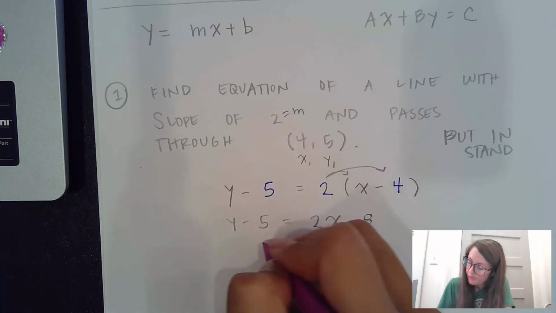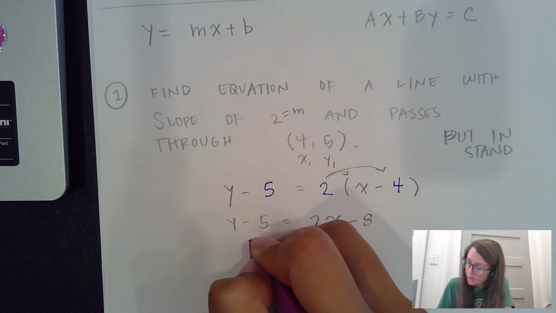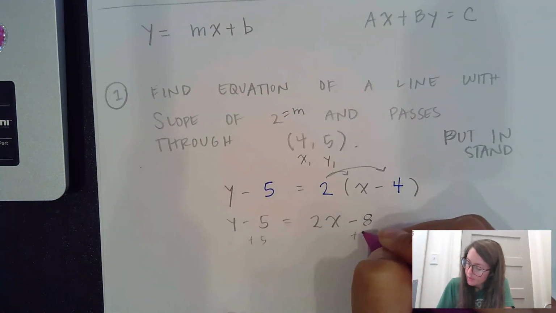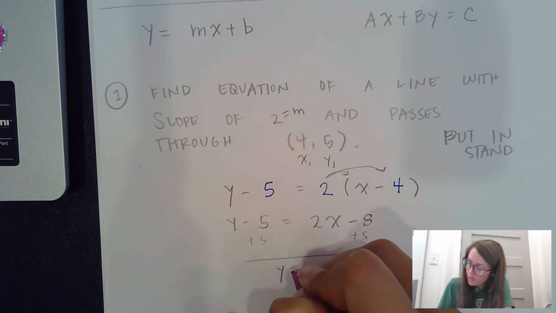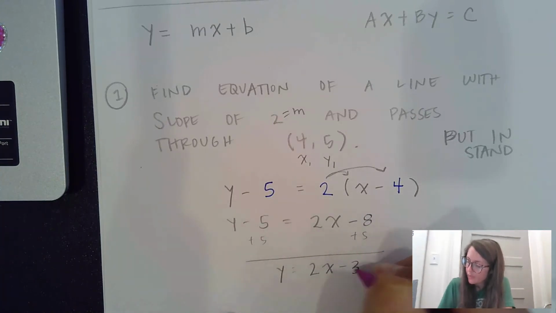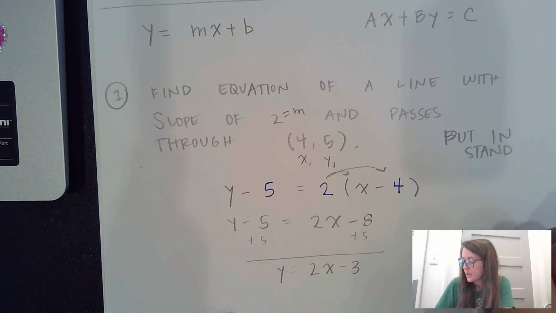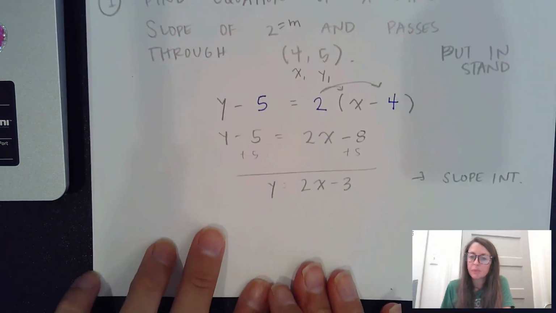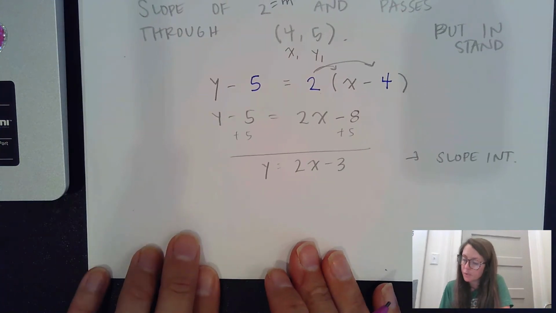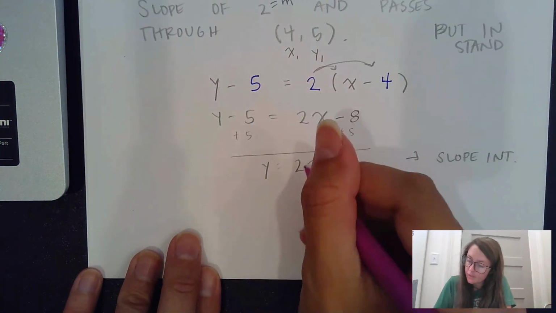I'm going to move the 5 over to the other side, so I'm going to add 5 here. So I'm going to have y equals 2x minus 3. This would be slope-intercept form, right? But I want to put it in standard form, so that means I'm going to move the 2x to the other side.